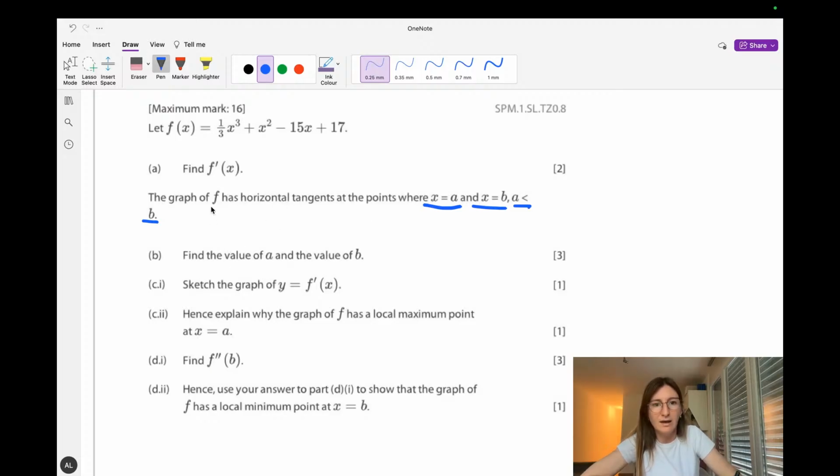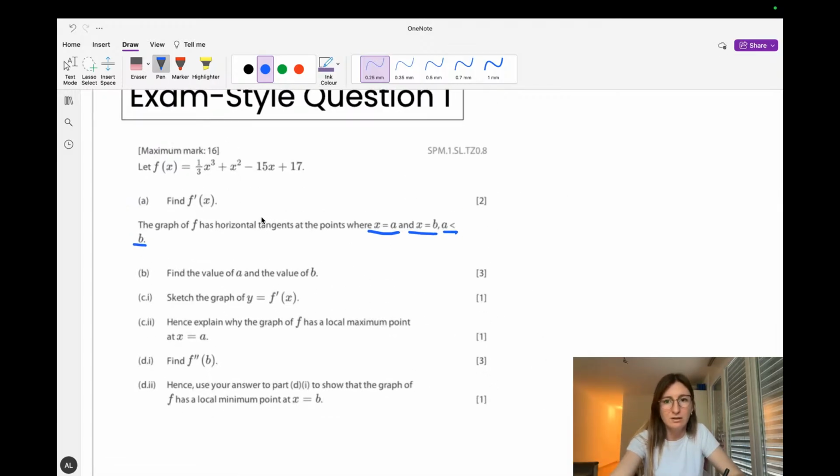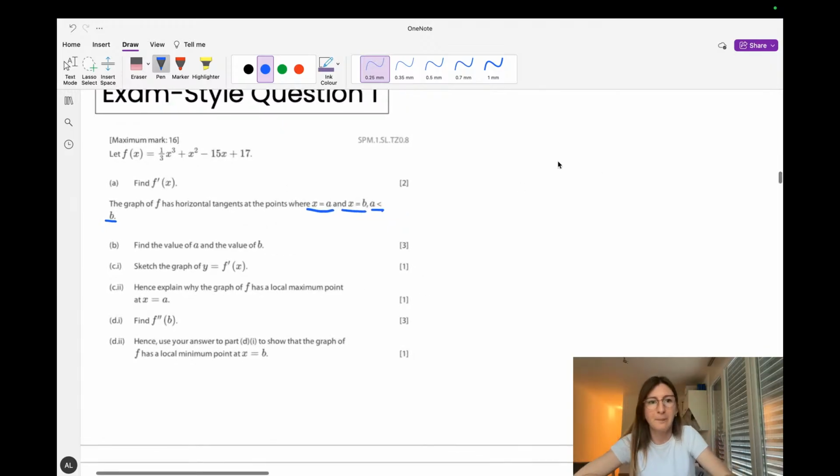So if it has horizontal tangents, you want to find the values of x. That's always going to be the case. And then once you get them, you'll be able to determine which is a and which is b, because one will be more than the other. So let's start with f dash of x. And let me try to answer this neatly on the side, so it's easy to follow.